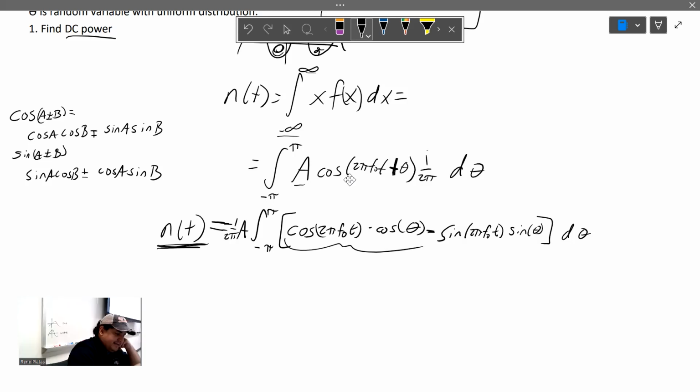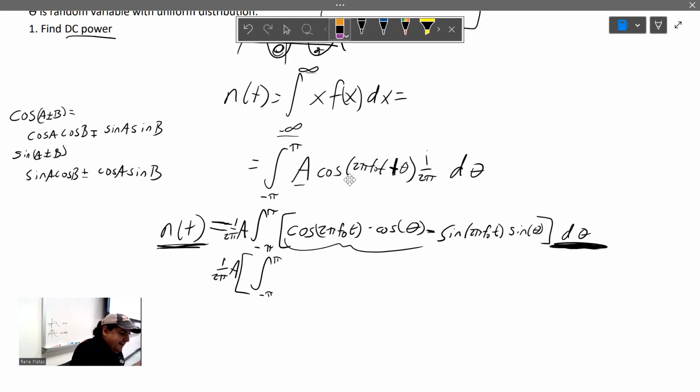Wait a minute, I see it. Okay. So we can split this up into 2 pi, anything like that. Let's put a bracket here, from negative pi to pi. Now, it's d theta, that's the secret here.